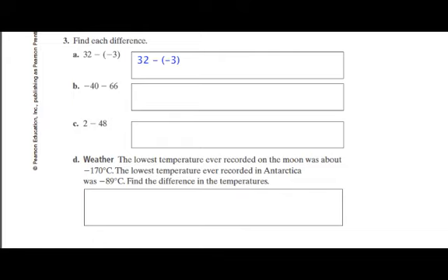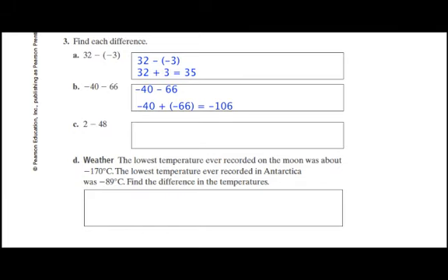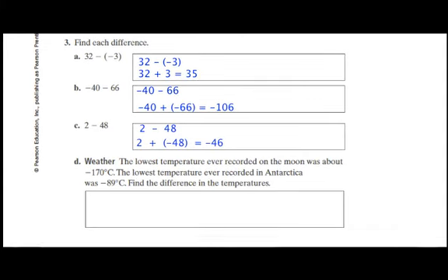Same change opposite. 32 plus positive 3 gives you 35. For 3B, negative 40 minus 66. Same change opposite. Negative 40 plus negative 66 gives you a total of negative 106. For 3C, 2 minus 48. Same change opposite. 2 plus negative 48 equals negative 46.